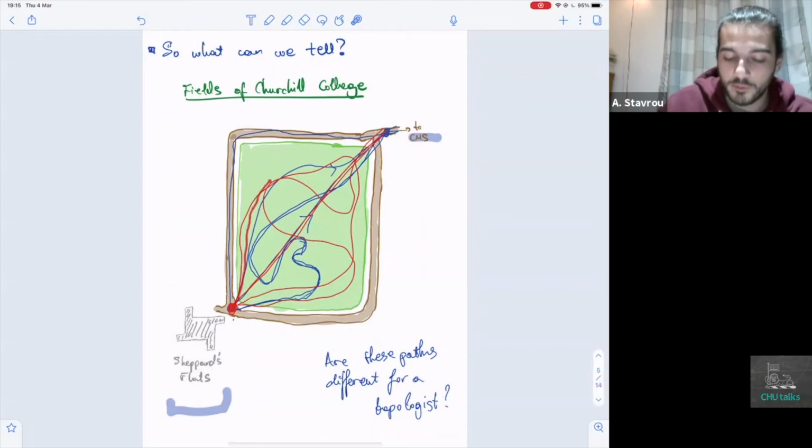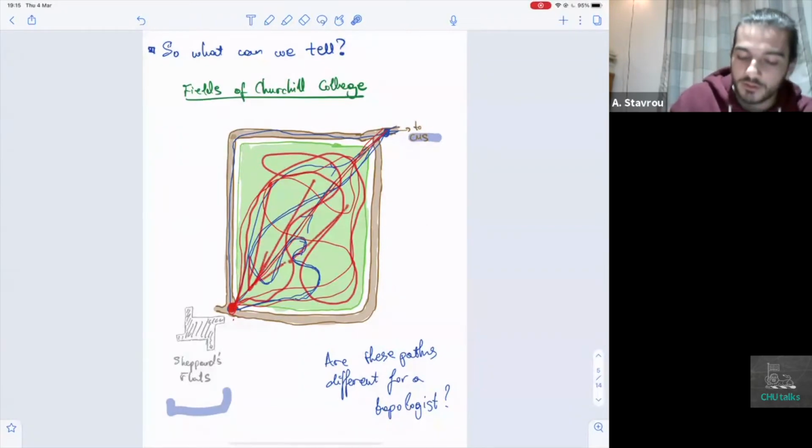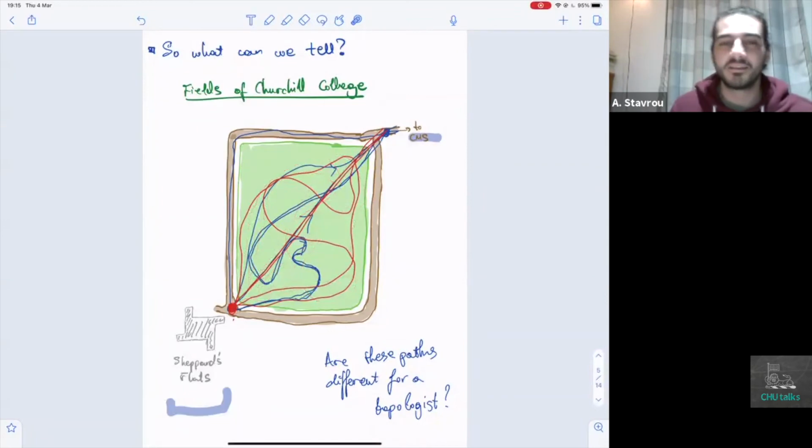And for example, any loop here, you can sort of shrink it down to the standstill path. So here on the Churchill College fields, every loop is contractible.